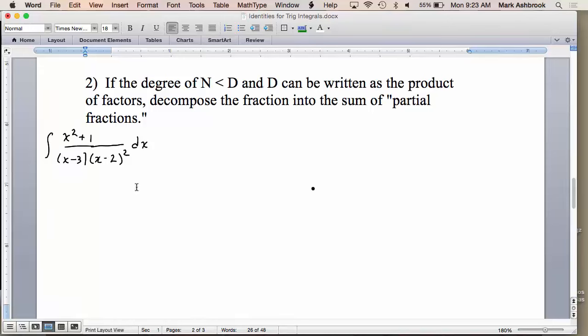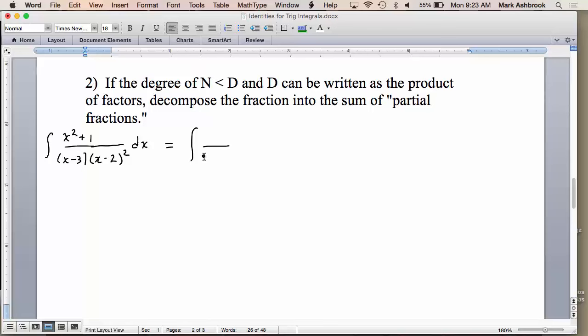So each of those factors is linear. We have to come up with all the possible denominators we could have here.